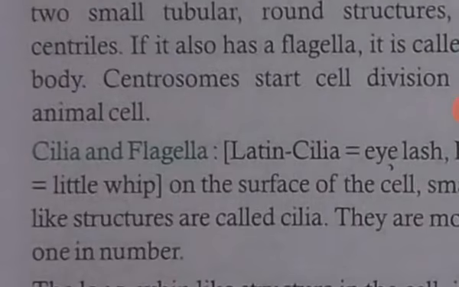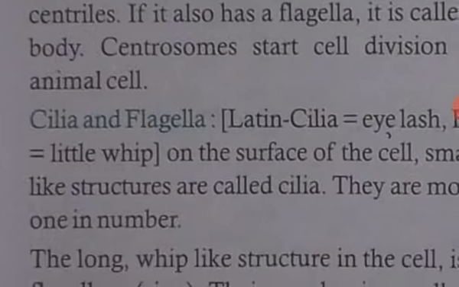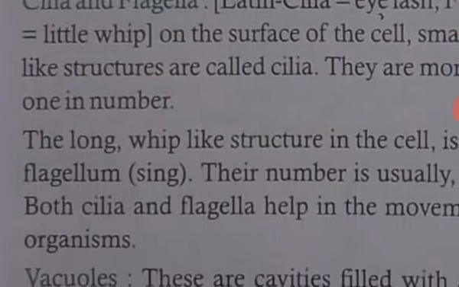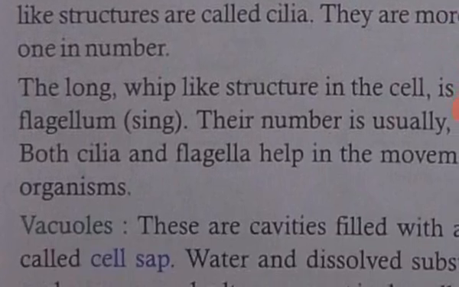And the next is cilia and flagella. These are fine, hair-like, movable protoplasmic projections outside the surface of the cell. They both have structural similarities. While cilia are short in length, flagella are longer projections.